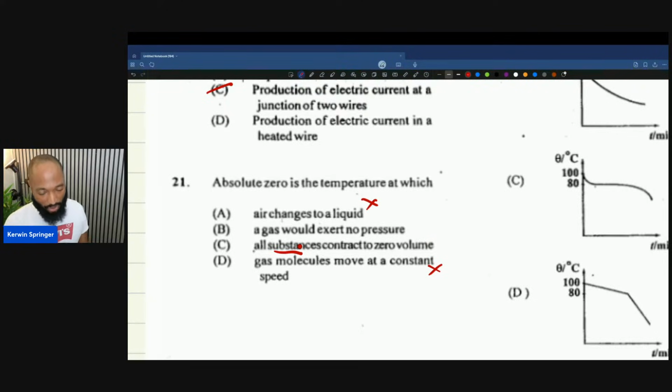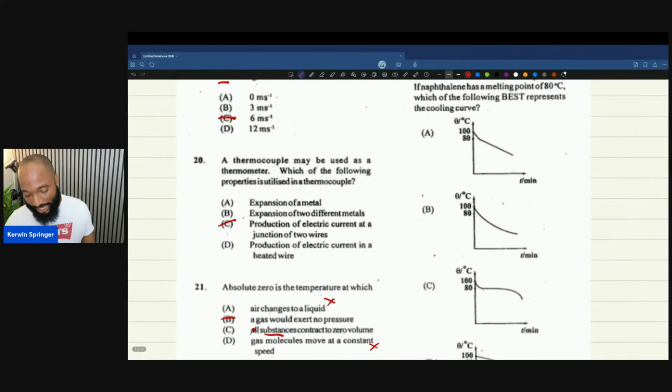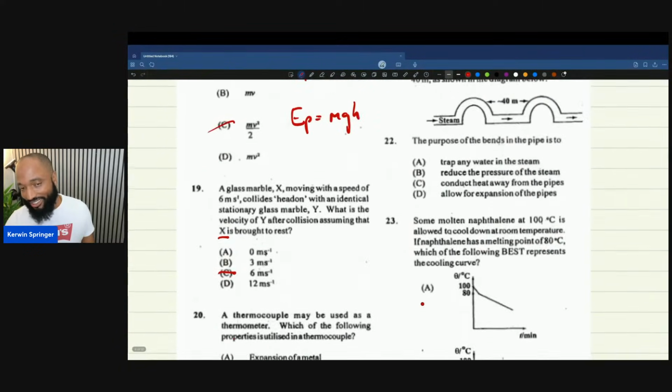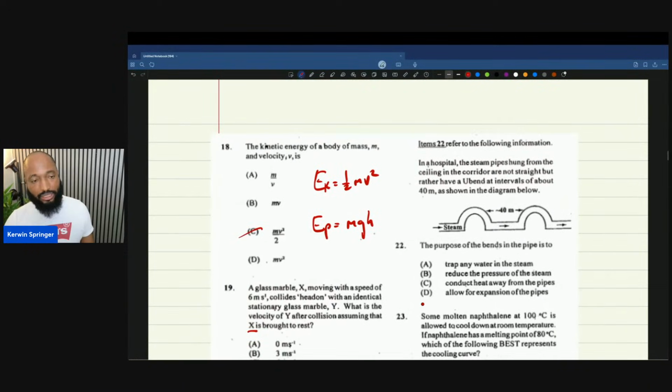You would say the volume comes down to essentially zero. So a gas would exert no pressure, meaning you could totally compress the gas. The best answer here by far is B. At absolute zero or near absolute zero, solids don't disappear. If you watch the Boyle's law, Charles's law, pressure law videos, you understand where I'm coming from.